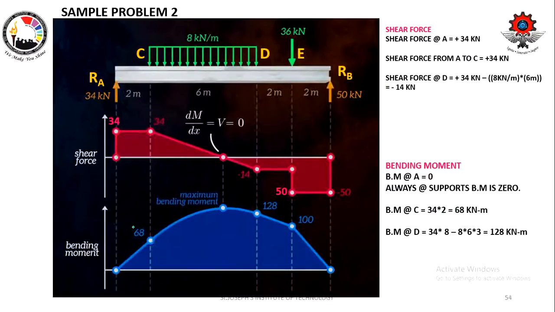Moving on to the next step. Shear force at D. Now finding out the shear force at D. Take the shear force in the previous step and put it here, right?